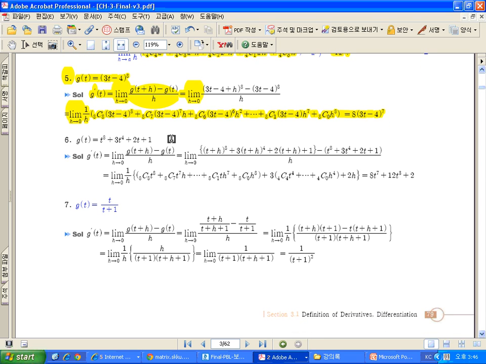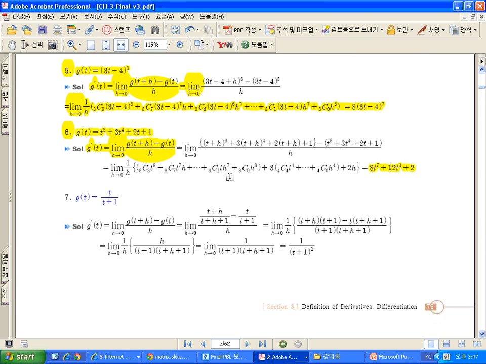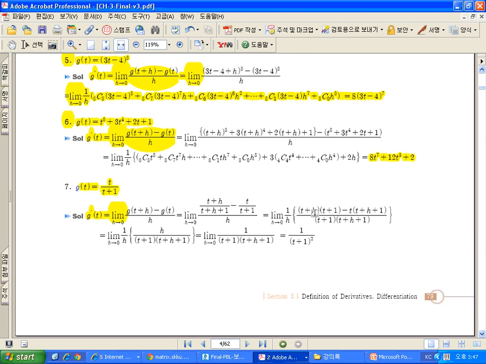Okay. And g of t, if it's a polynomial like this, then it's easy to do it. But the simplification makes this. So we will find an easier way of finding it. As you see, this is very tedious.